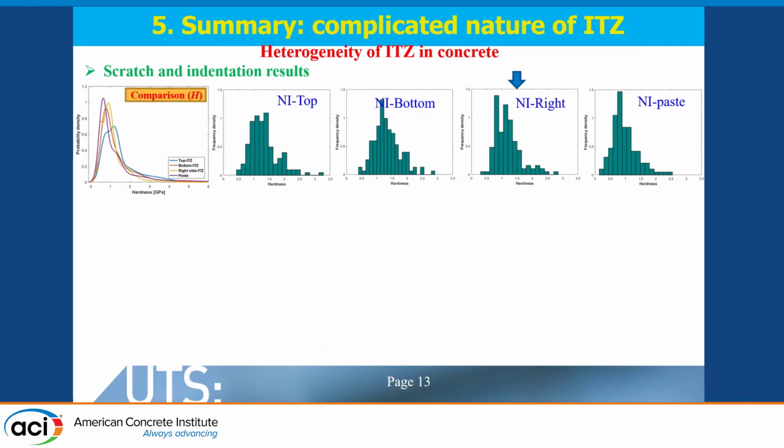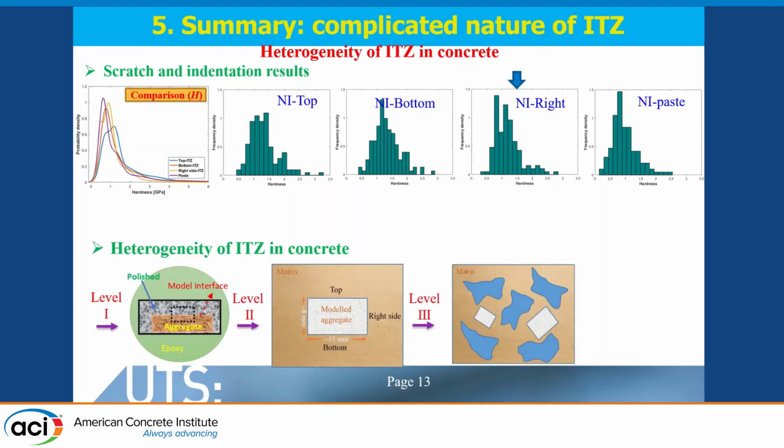The Nanoscratch results also show different distributions. Some of the distributions are not really normal distributions, and based on that, we said that when you study the interface, you may have different stages to go through. We are using the model interface, maybe just level 1, because you assume your interface is perfect.